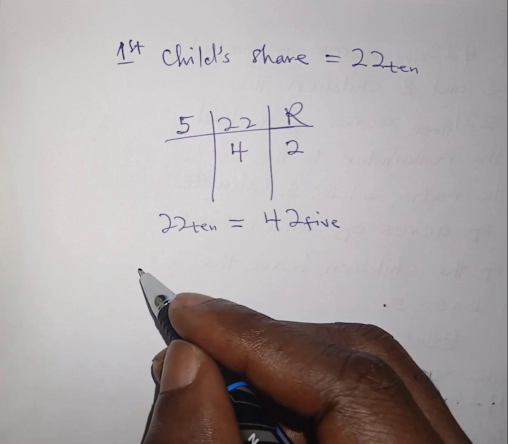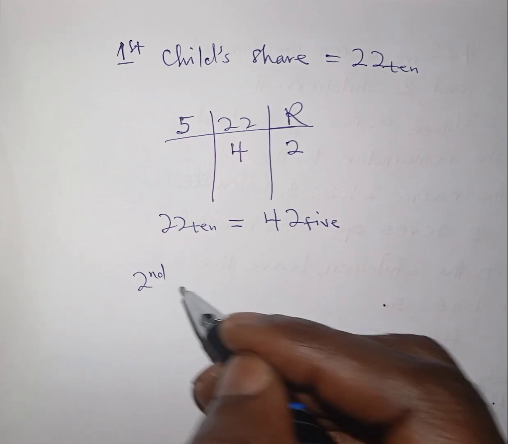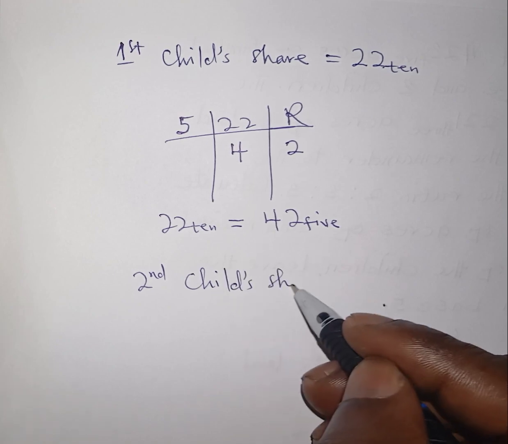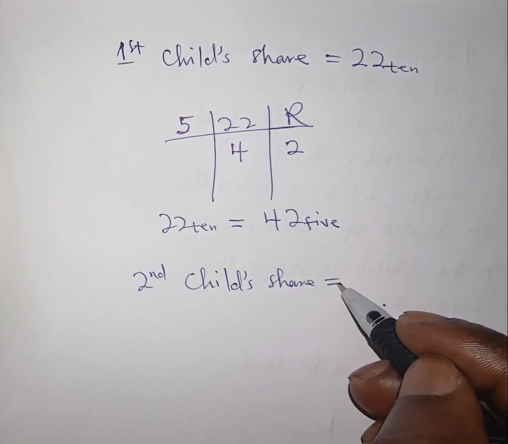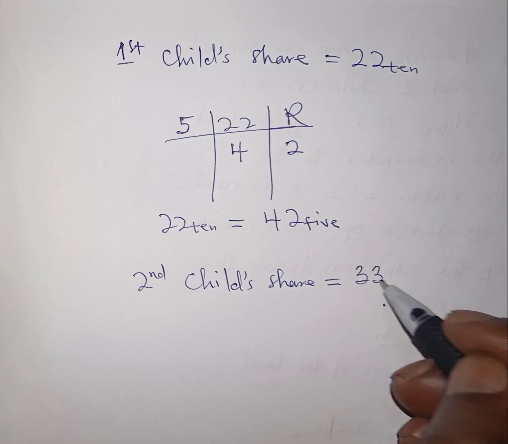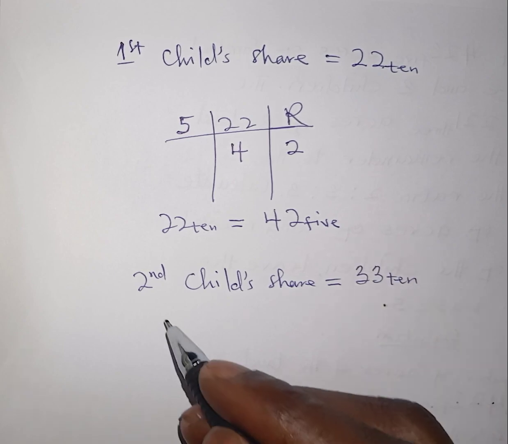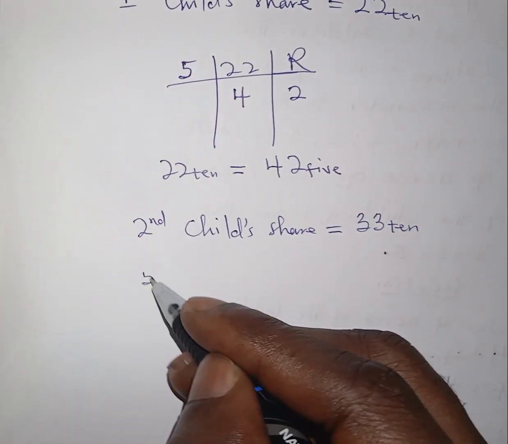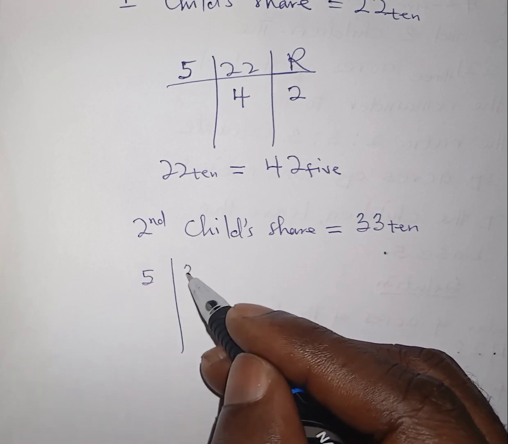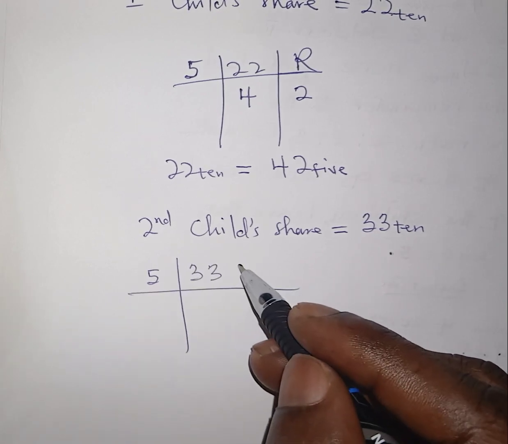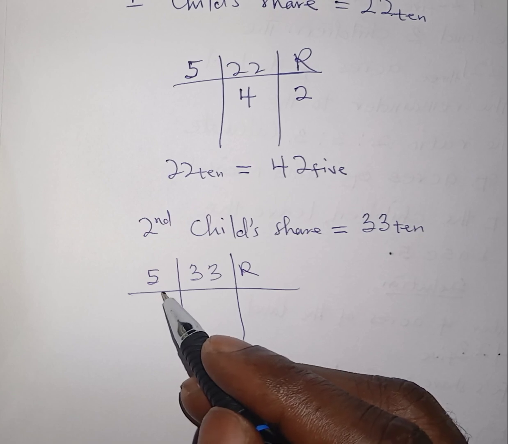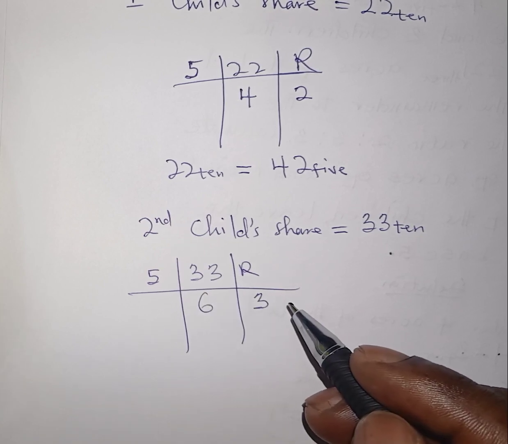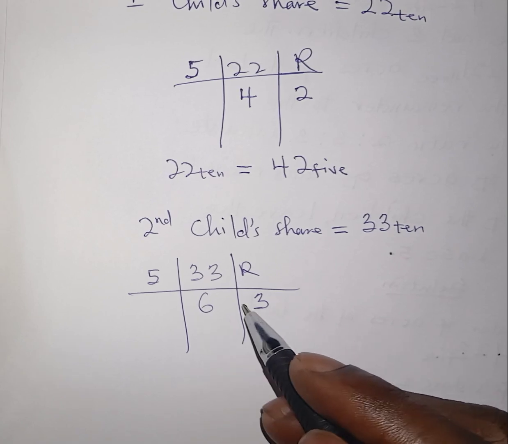Good. Now let's look at the second child. So the second child's share is 33 base 10. Okay, and we are also changing this to base 5. So I'll write my 5 here, and then 33 and the remainder. So 5 divides 33 how many times? 6, remainder 3.